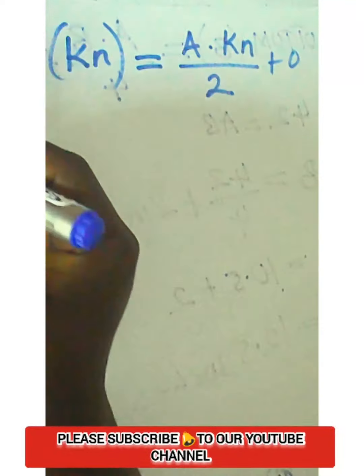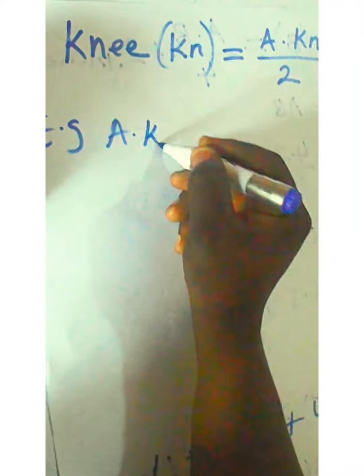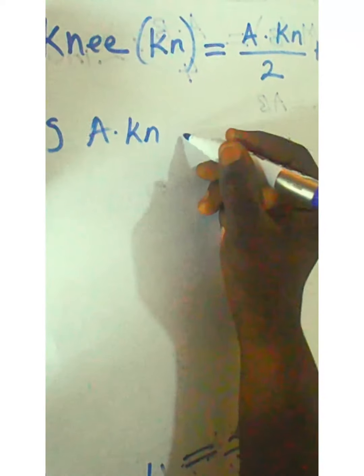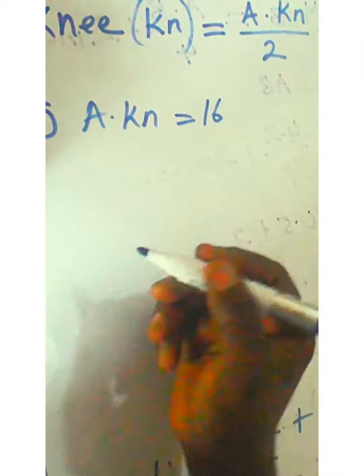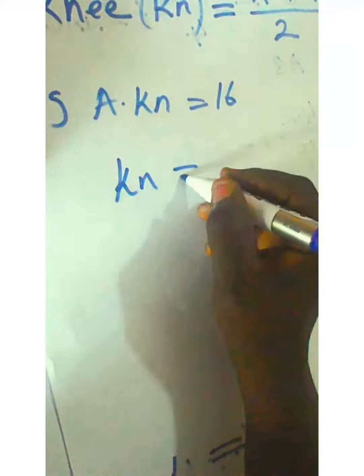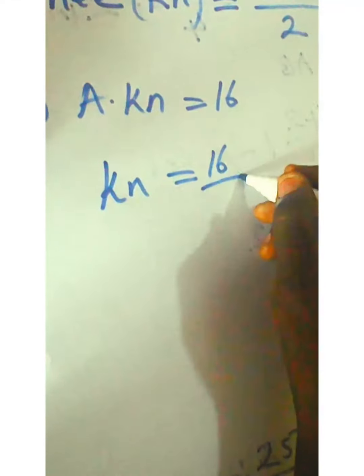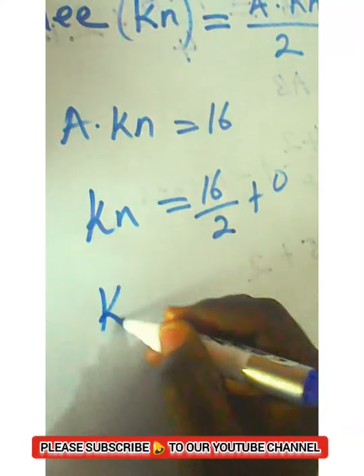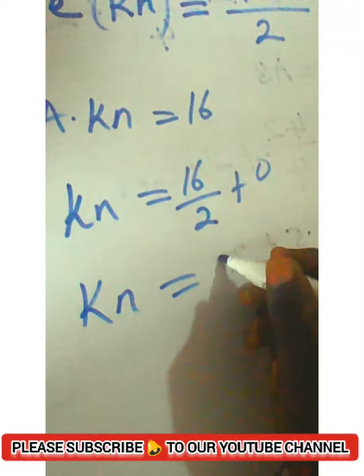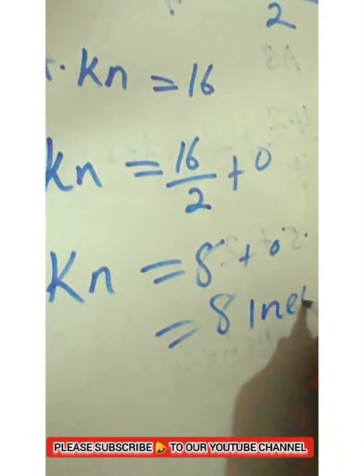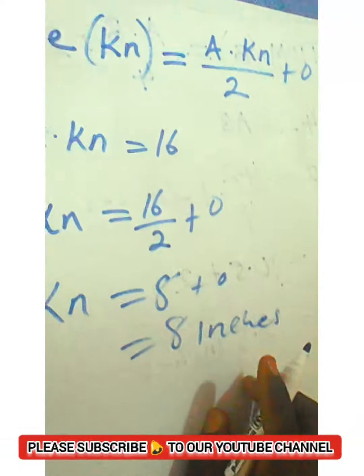So for example, if the actual knee measurement of the client you measured is 16, the knee you are going to use when cutting will be 16 divided by 2 plus 0. So knee will be 8 plus 0, which is still equal to 8 inches. So this is the knee you are using.